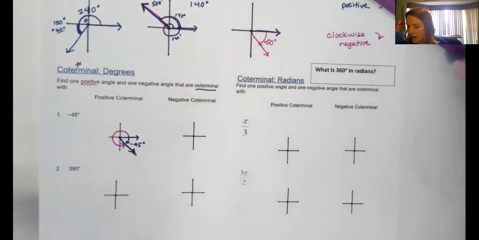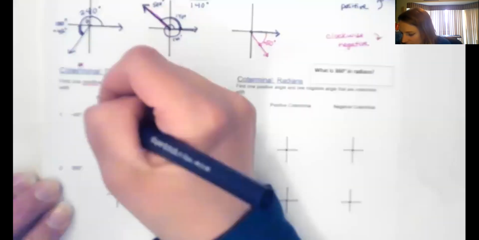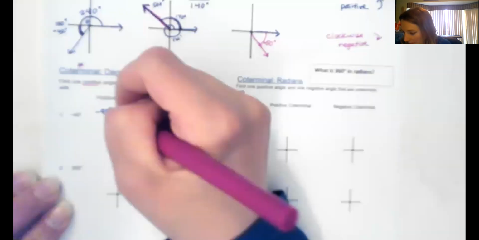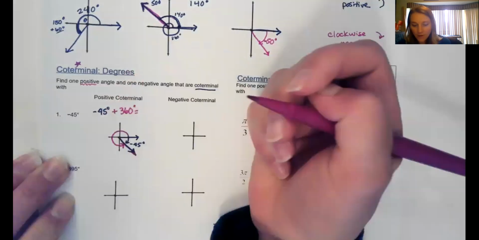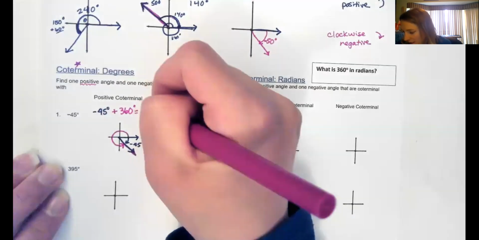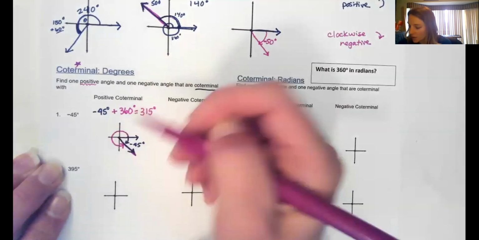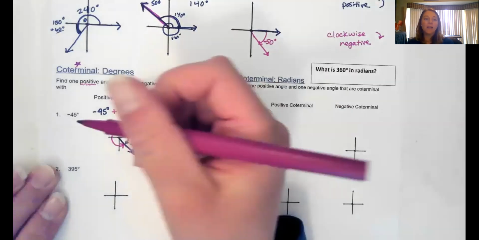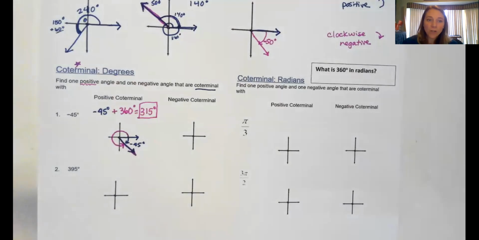So the way to do this is to take our negative 45 and we're going to add it to 360. And when I do that, I get 315 degrees. So from here all the way around is 315 degrees. And so 315 degrees and negative 45 degrees, well, that's what we call coterminal.